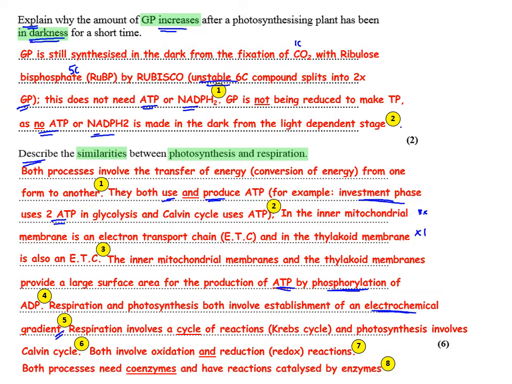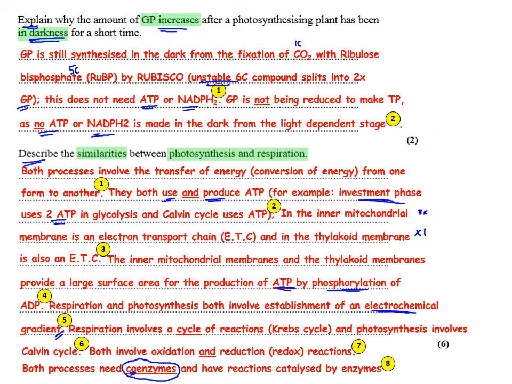Now, one last point that we could also add is that we know these coenzymes are very, very important to allow the enzyme reactions that occur in both photosynthesis and respiration. So the catalyzed reactions, the enzyme reactions, will not occur unless these coenzymes are present at the same time, hence the name coenzyme.